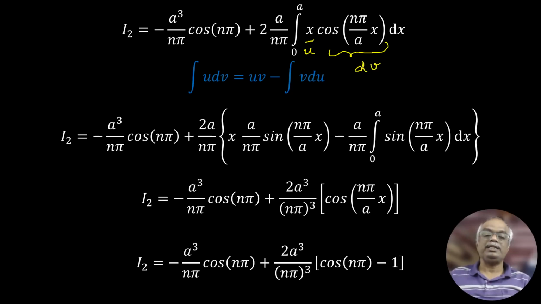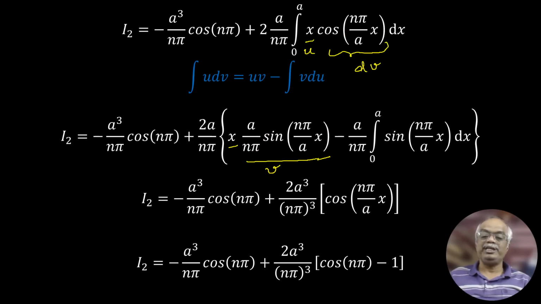So apply u dv is equal to uv minus integral of v du. Here I am taking 2a divided by n pi as a common factor. Then x is u and this is v. If you differentiate this v, you will get back this one.